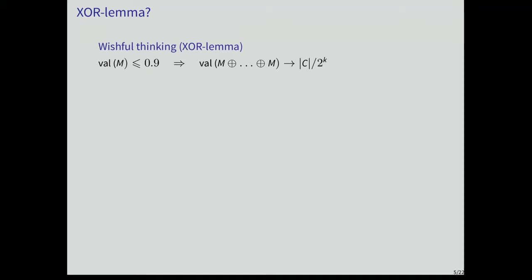Intuitively, if we start with a game where the judge can only accept with probability at most 0.9, and we take the XOR of many copies of the same game, it seems that to be able to answer the XOR of the questions in this repeated game, the players should answer all games correctly.